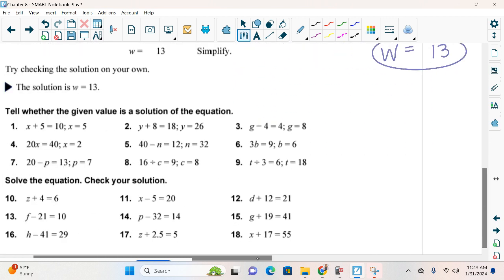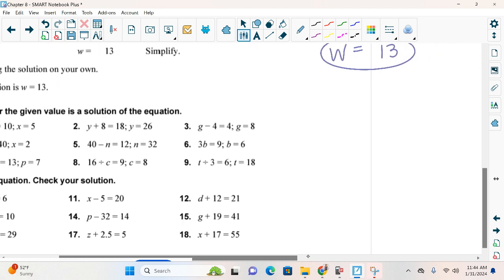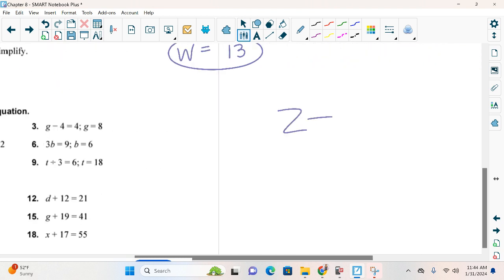This page down here, there's not enough work for you to chop, box, and all that. This is where your whiteboard comes in. Okay? So on your whiteboard, I want you to do number 10, and then we're going to check it. So we've got Z plus 4 equals 6.